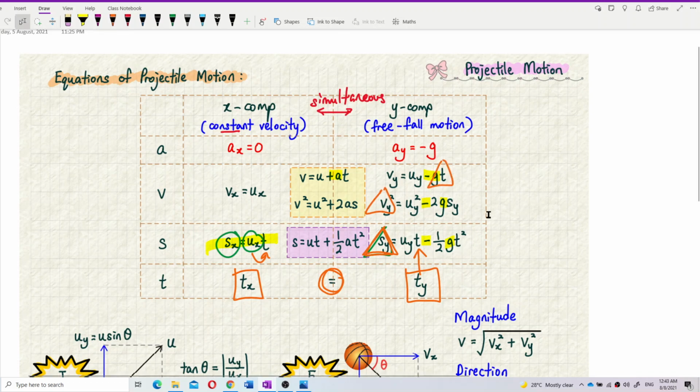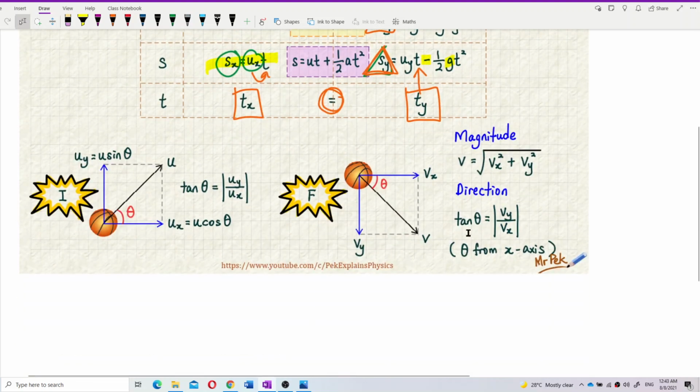Now look at these. These are the most common things we do in projectile motion. Normally, the question will give you the initial velocity and the angle theta. Maybe it gives you a velocity of 10 meters per second.